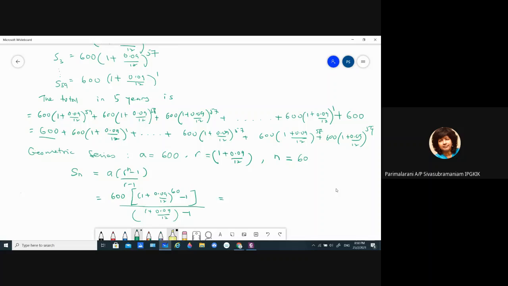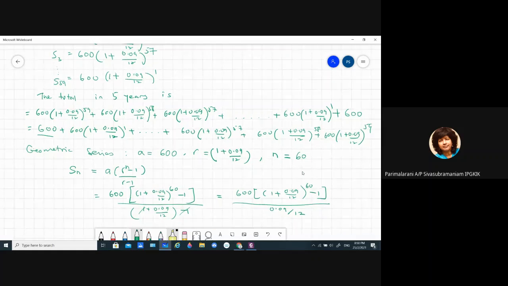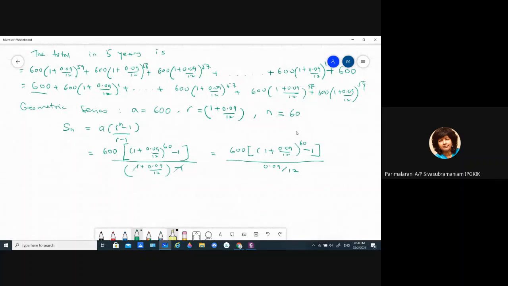This equals 600 into 1 plus 0.09 over 12 to the power of 60 minus 1, over 0.09 over 12, since the 1 and 1 cancel. So you will get 45254.48. Okay, this is the total of the series earlier.